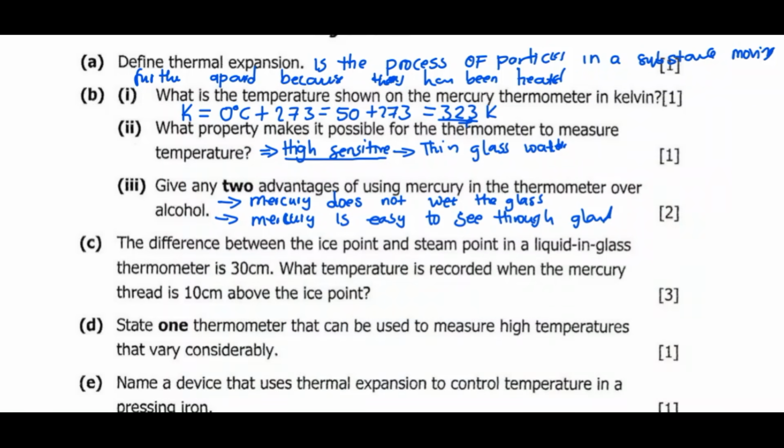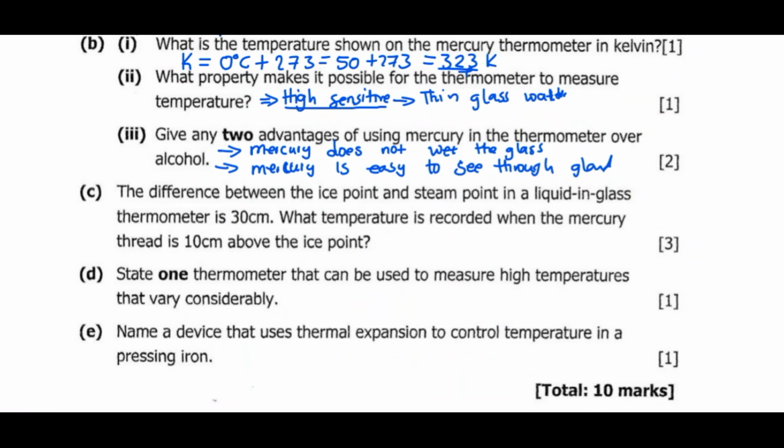Then we move on to question C. The difference between the ice point and the steam point in a liquid in glass thermometer is 30 centimeters. What temperature is recorded when the mercury thread is 10 centimeters above the ice point? Temperature in degrees Celsius is equal to x over y multiplied by 100 degrees Celsius.